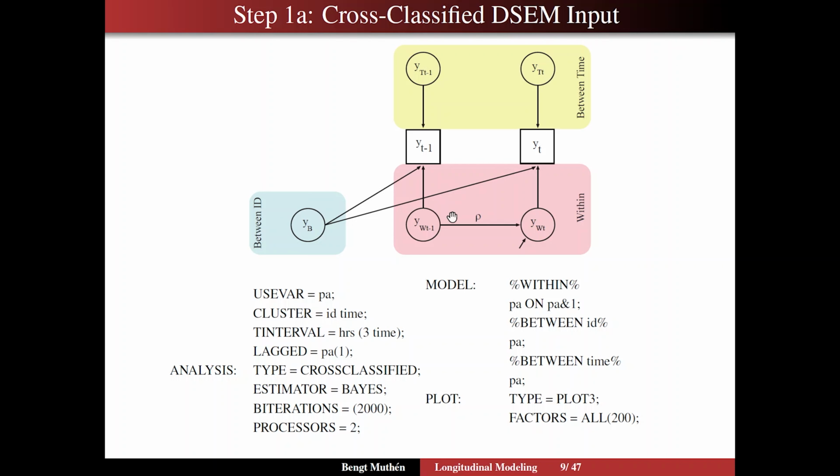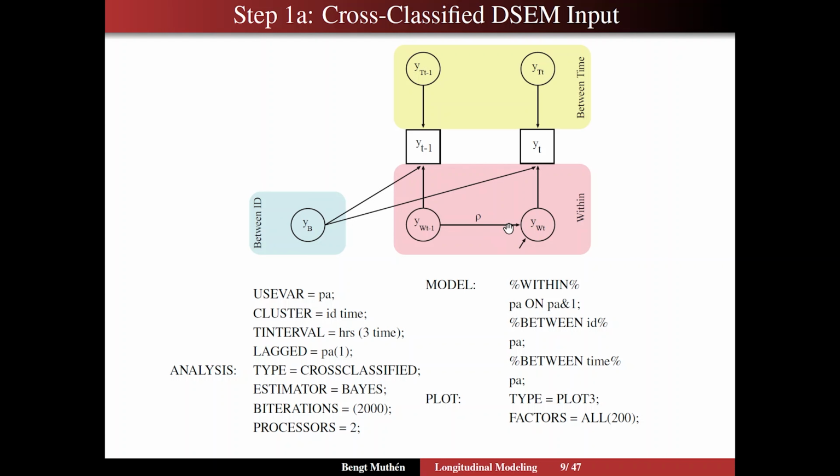And if we wanted to have a random autoregressive coefficient here, then that random coefficient, that is a coefficient that varies across individuals, would be yet another latent variable or yet another factor.